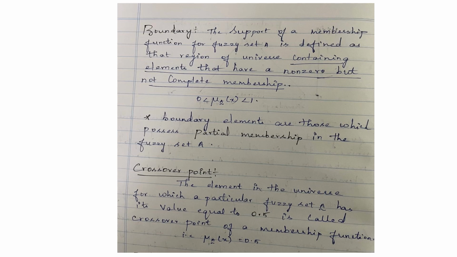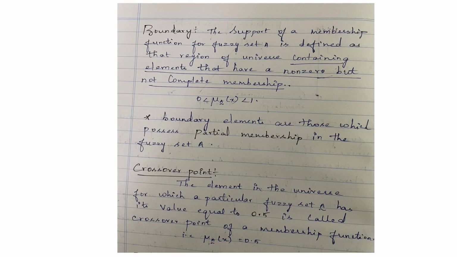So these are the three important features of membership function: the core, support and boundary. And there is a point called the crossover point. This is very simple. The crossover point is the element having 0.5 as its membership value. The values will be between 0 and 1, right?